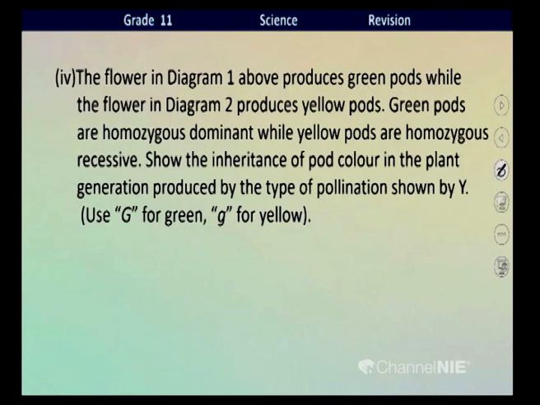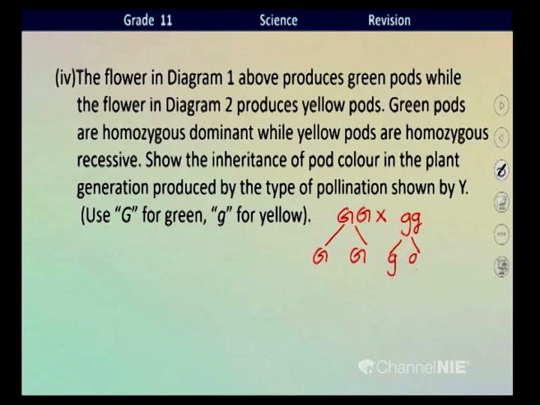Show the inheritance of pod color in the plant generation F1 produced by the type of pollination Y. Y is cross-pollination, children. If G letter stands for green pods, we can have capital G for the green parents, then small g for the yellow parents. Then these are the gametes of them.